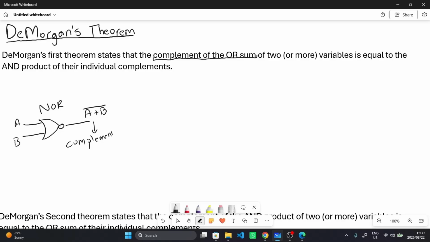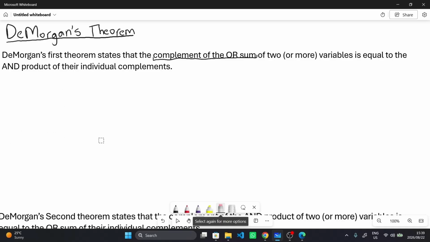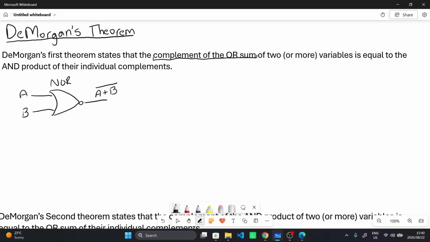So this is what they call complement of or sum, right? So just remember that. So this is the complement of or sum. Let me just draw it on the top, so it's much better. B, this is your NOR gate, and then again A plus B not, right?